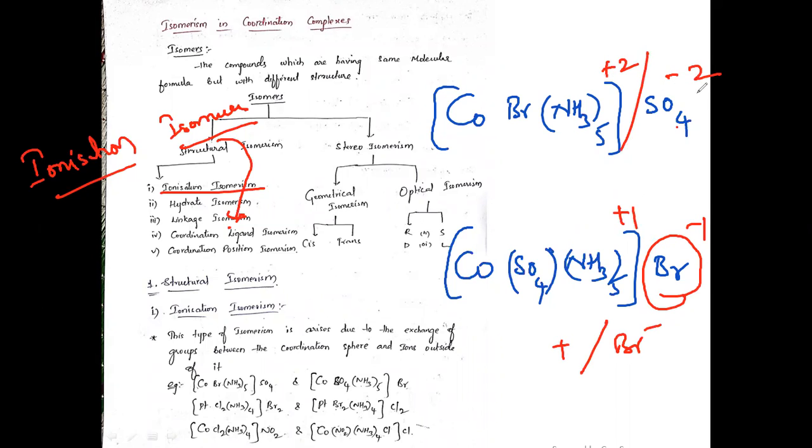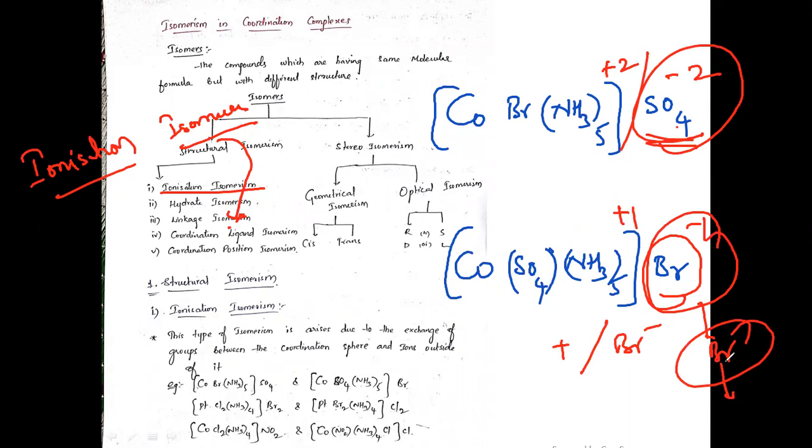The ionized species here is sulfate, but in the other the ionized species is bromide. So that can only react with our AgNO3, and the sulfate can easily react with the barium chloride. Hence, the physical properties are changing here, and that is due to the change in the ionization. Hence, such types of isomers are called ionization isomers. So the phenomenon is called ionization isomerism.